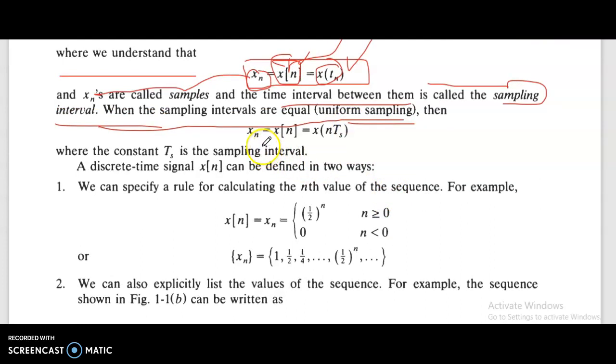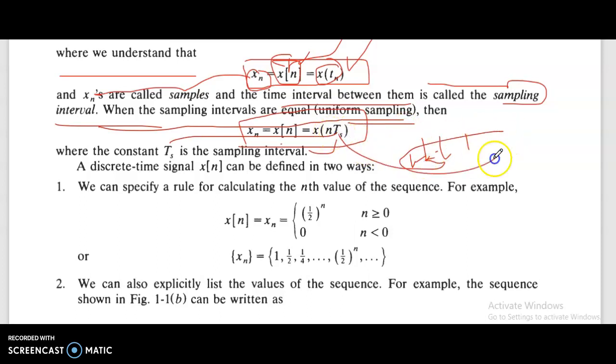Then x[n] equals x of nTs, where Ts is a constant, the sampling interval.